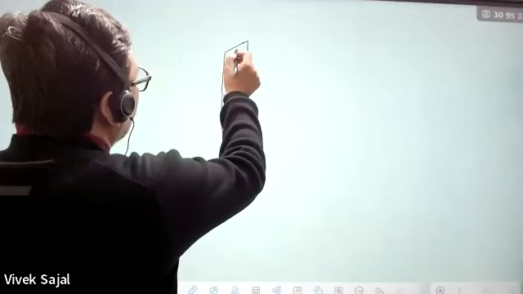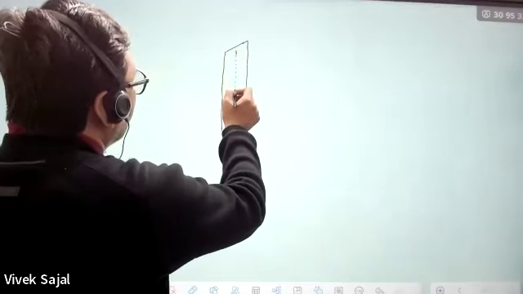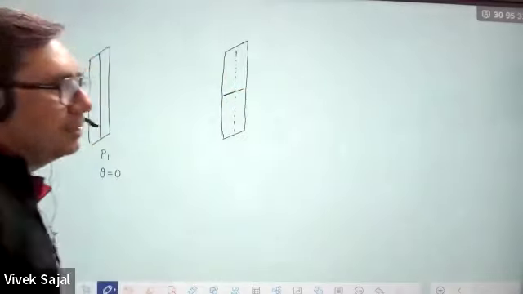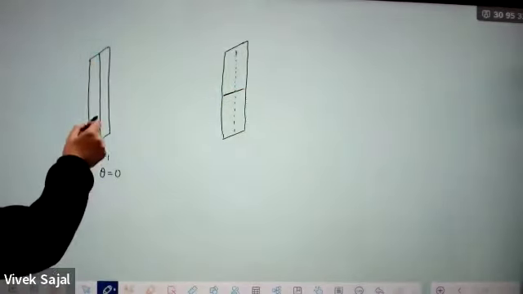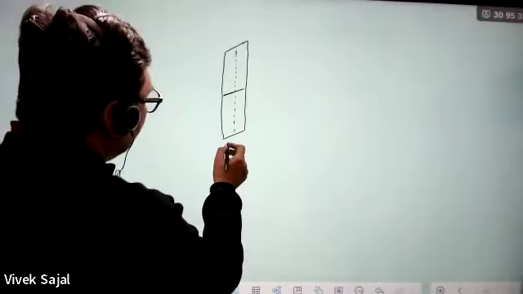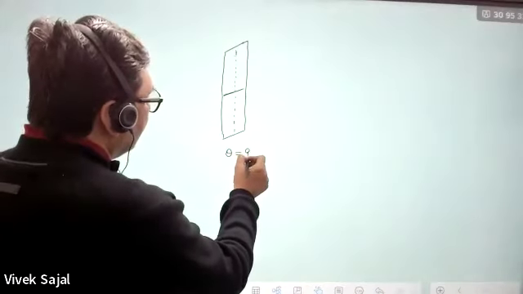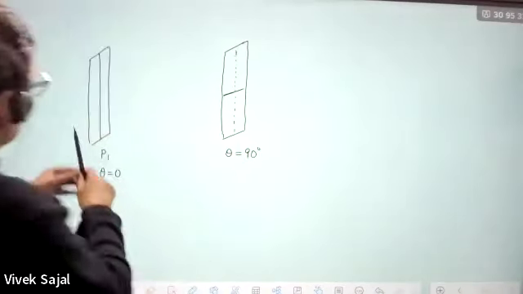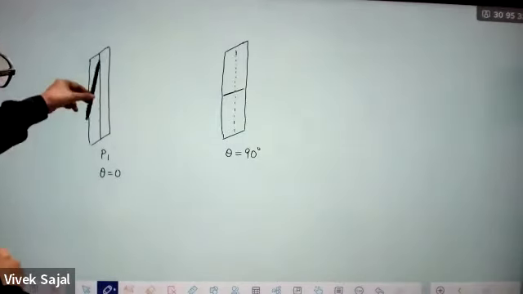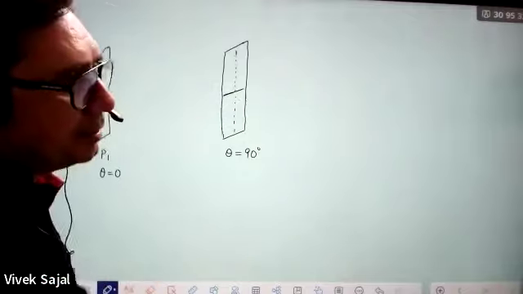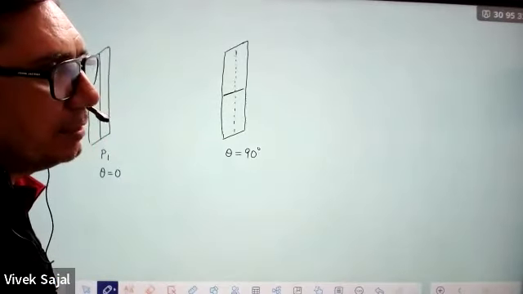This dark line represents the pass axis. What is the angle between this and this? That will be 90 degrees. So theta for this is 90 degrees: if this direction is 0, then the perpendicular direction will be 90 degrees.